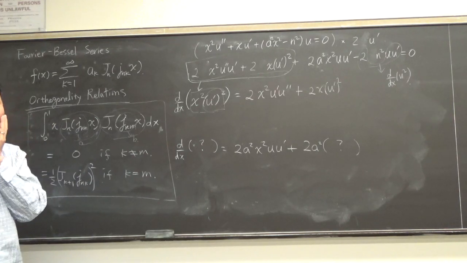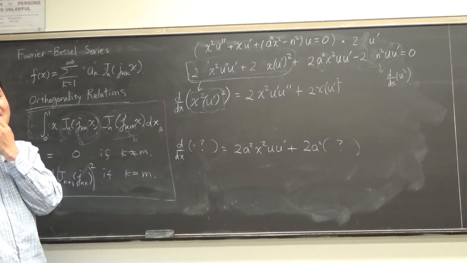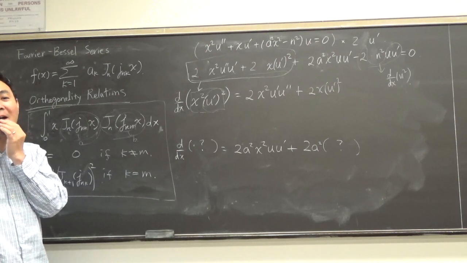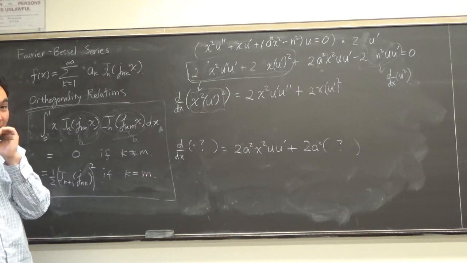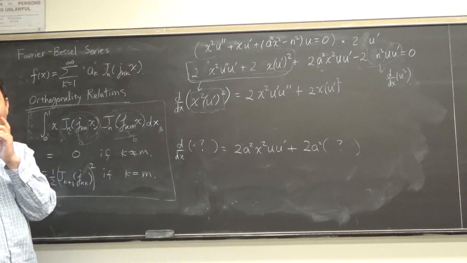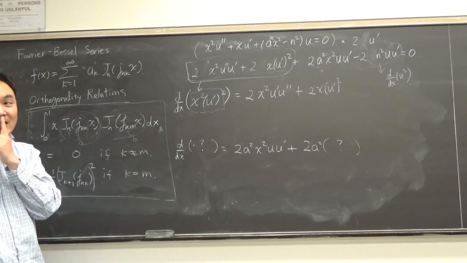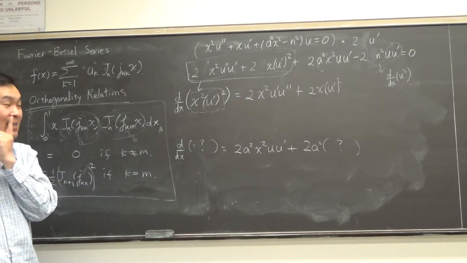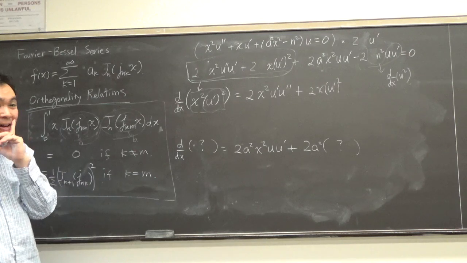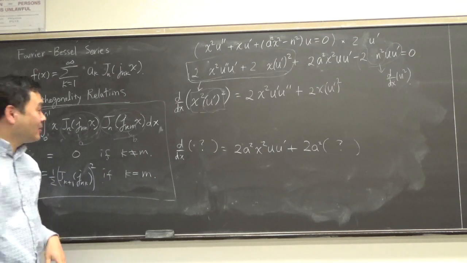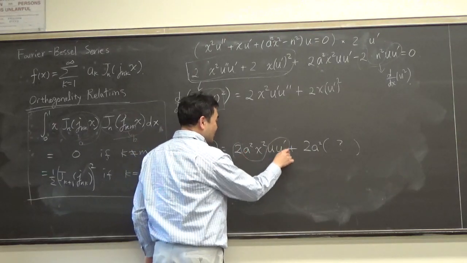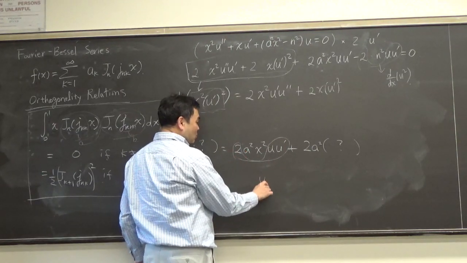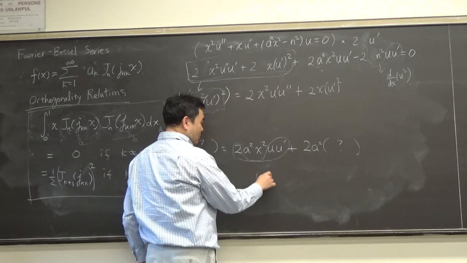Close, but not correct. I think it's just a squared x squared u squared. No. Anyone else? See, what really is happening is that this much is the derivative of u squared prime, right?